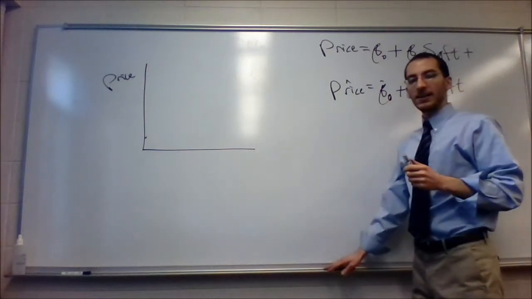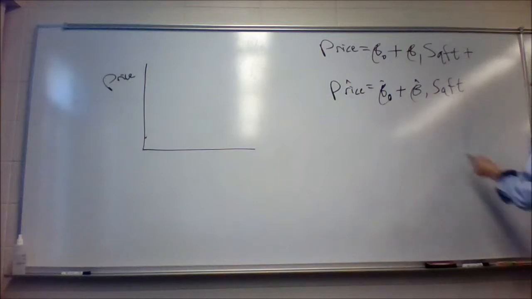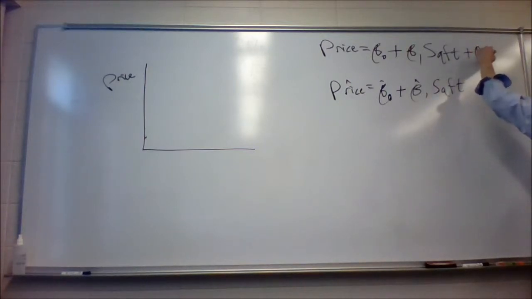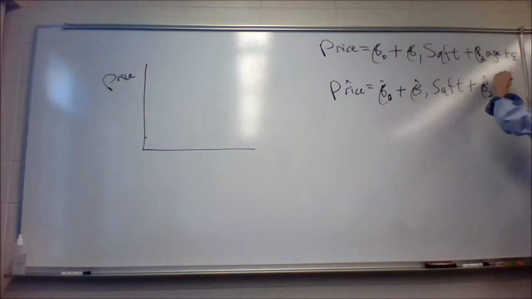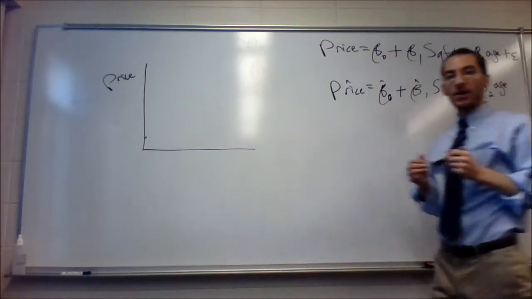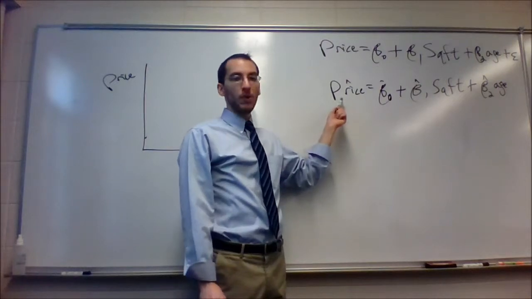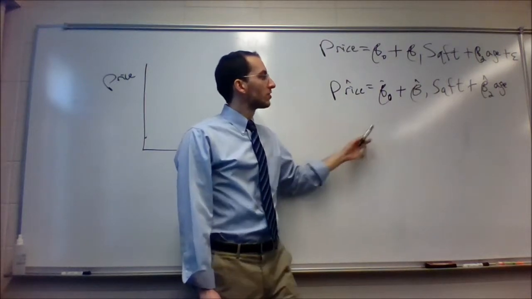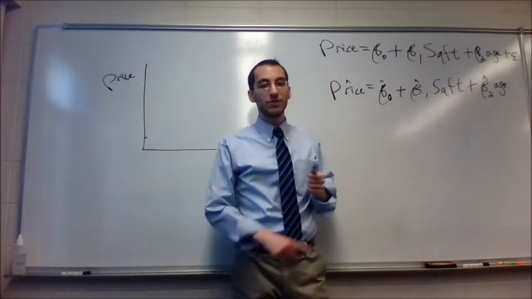Let's say we add in the age of my house. So now I have a multiple regression model where I am predicting the price of a house simultaneously with square feet and with age.